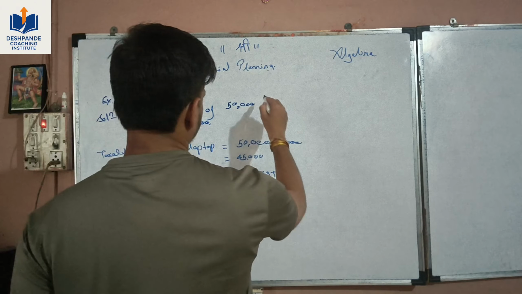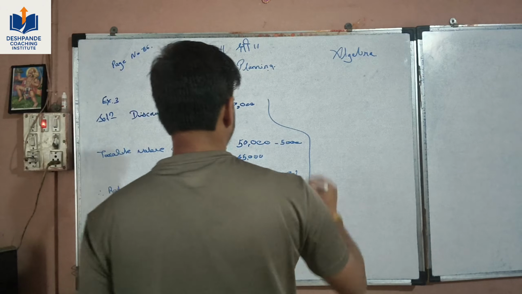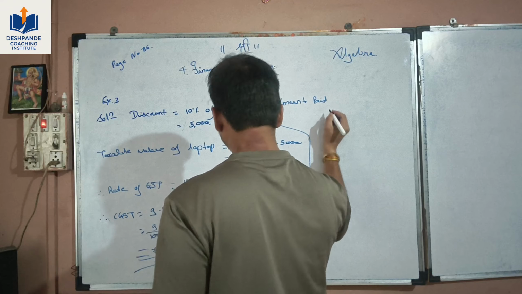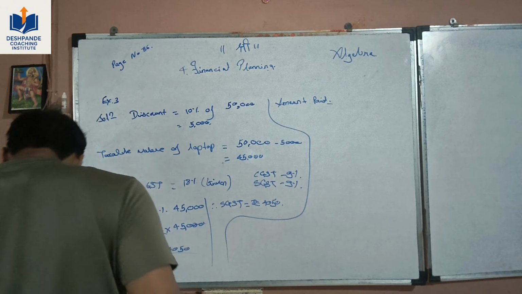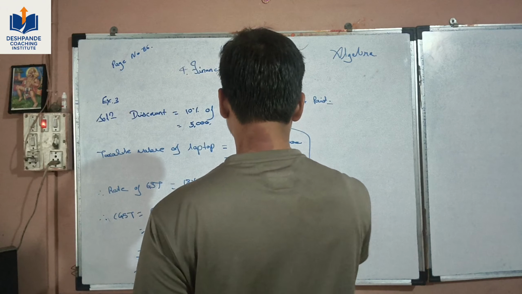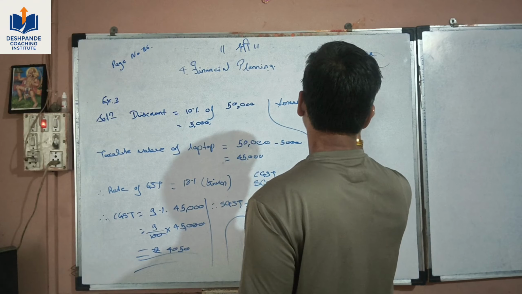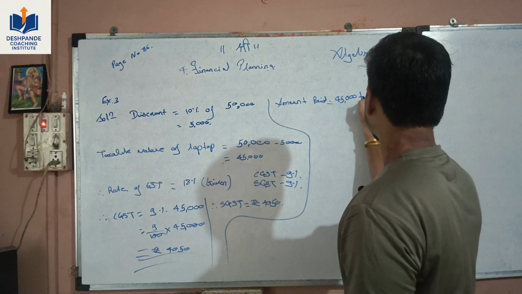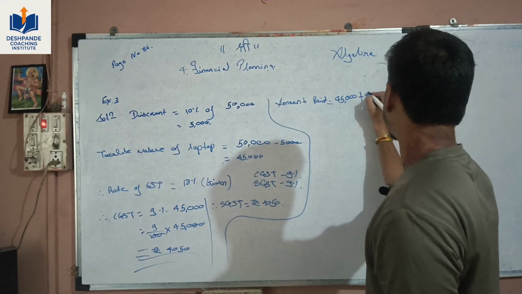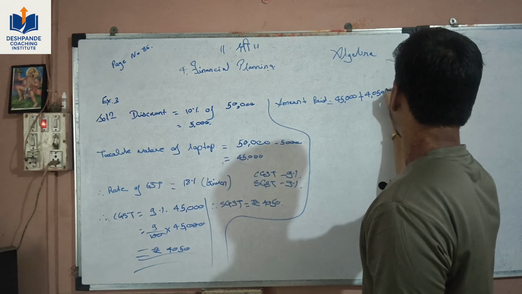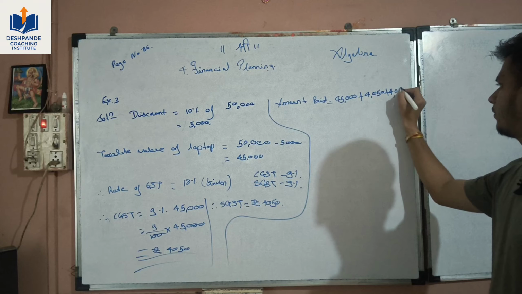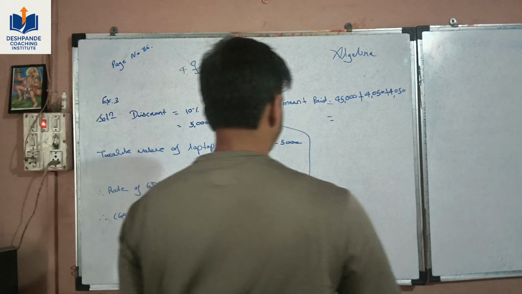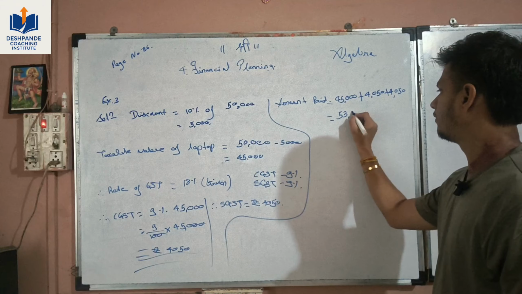Amount paid including taxes is equal to the taxable value, 45,000, plus the taxes. The taxes will be 4,050 plus 4,050, which is 8,100. So 45,000 plus 8,100 is equal to 53,100.